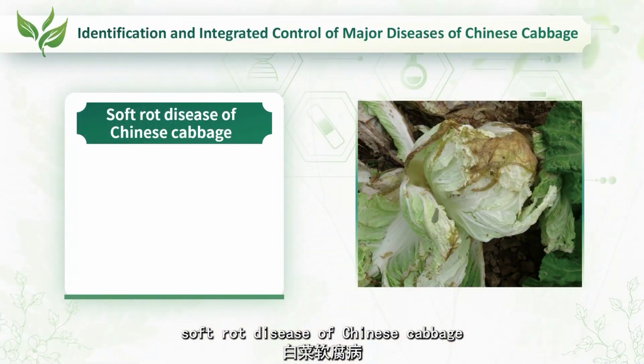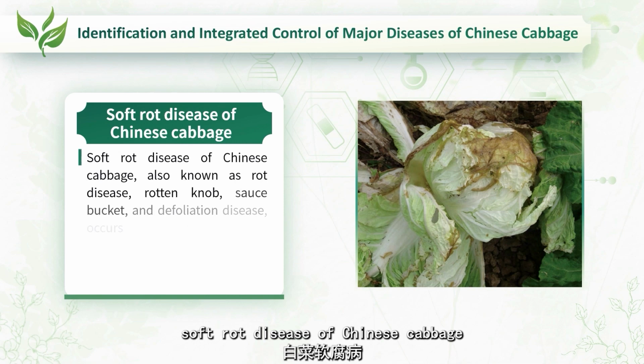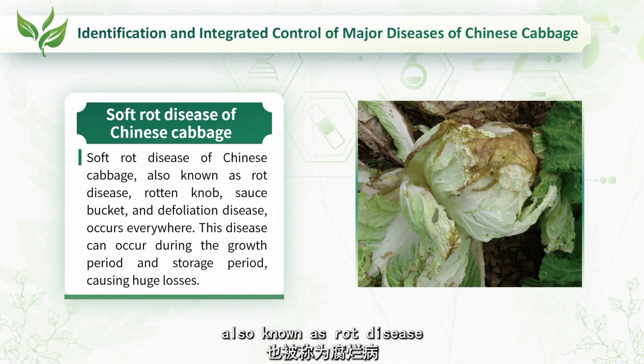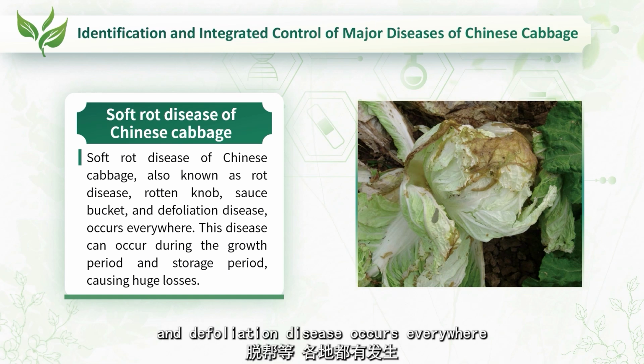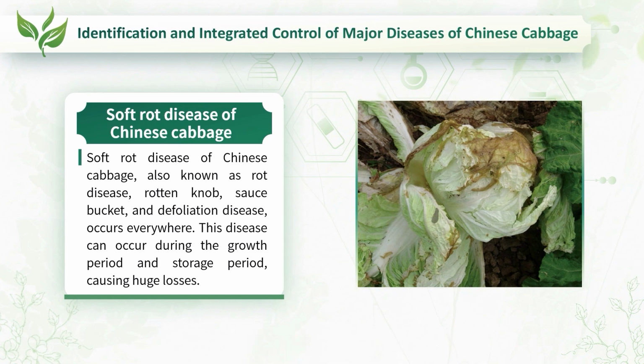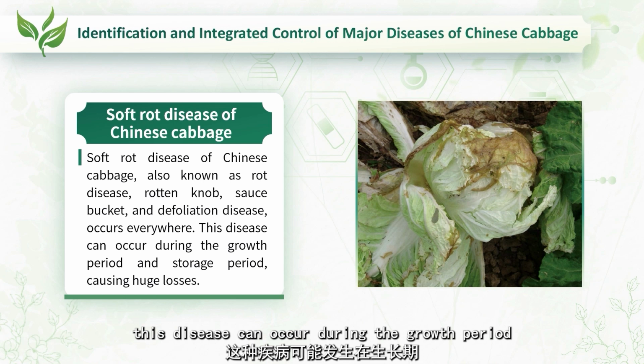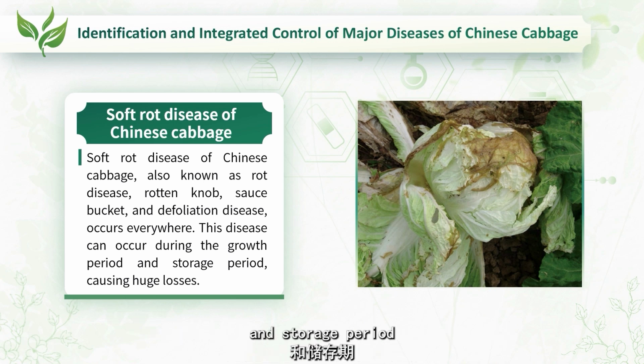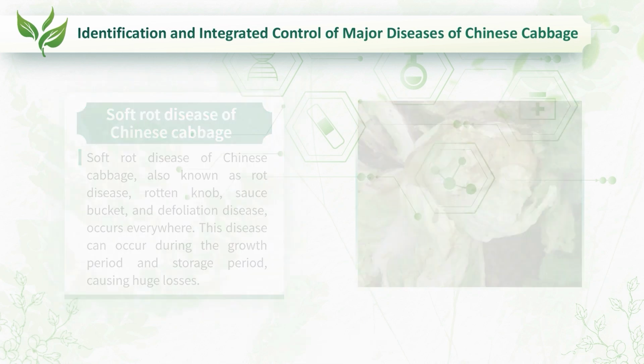Soft rot disease of Chinese cabbage, also known as rot disease, rotten knob, sauce bucket, and defoliation disease, occurs everywhere. This disease can occur during the growth period and storage period, causing huge losses.